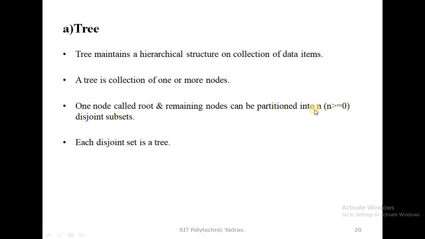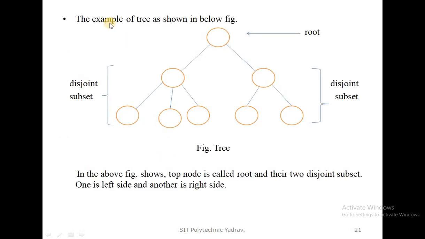Each disjoint set is itself a tree. The example of a tree is shown in the figure below. Through this figure you can understand what is meant by a tree, the hierarchical structure.